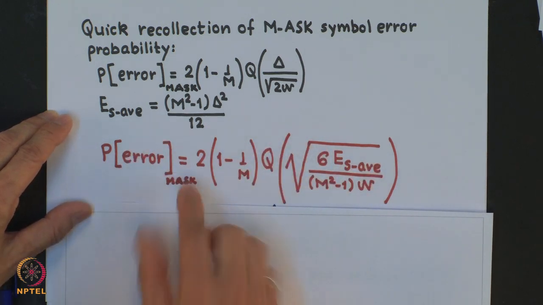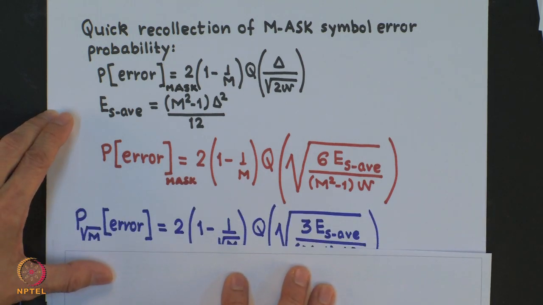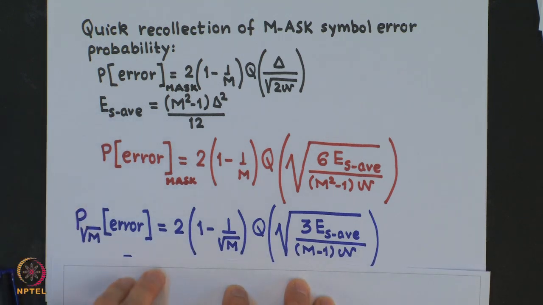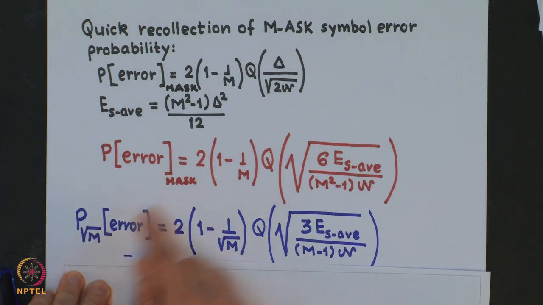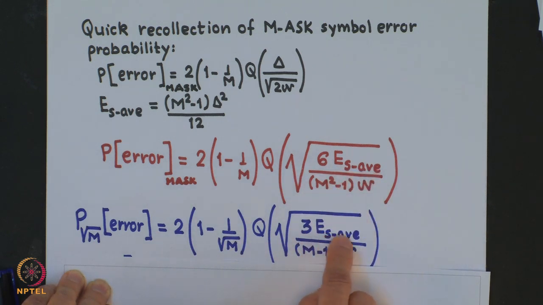Now, once we have this expression, we can calculate the probability for our ASK channel. Remember, in our case, this M now will be equal to root M, and the average energy is going to be the half.